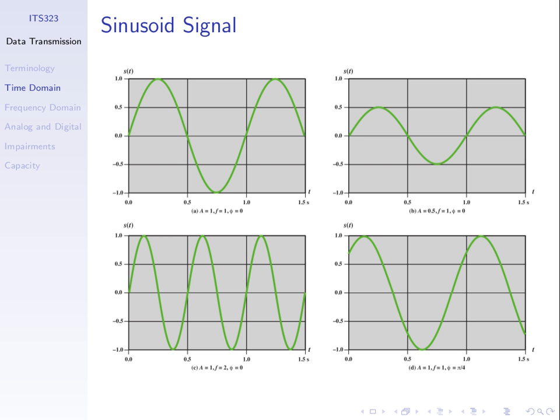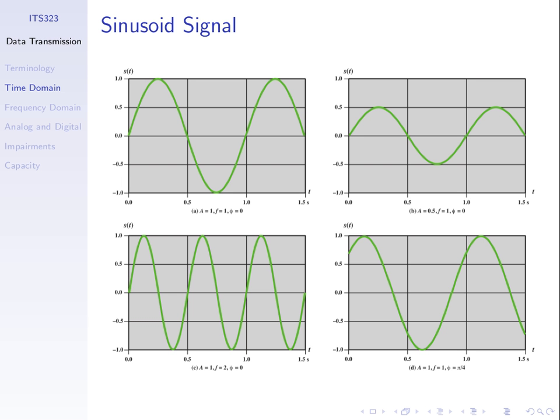So our equation, this is plot A, signal A of t, peak amplitude is 1, sine 2 pi f, where f is 1, times t, and the phase is 0. Or simplifying, sine 2 pi t. Signal A, the top left plot here, is represented by this equation.